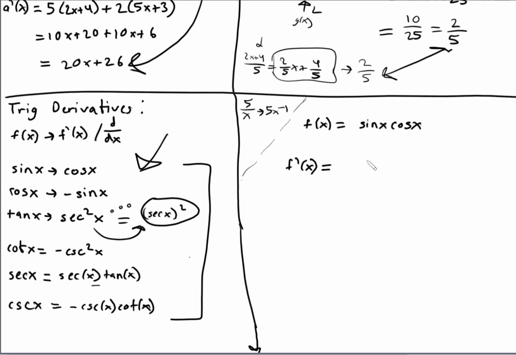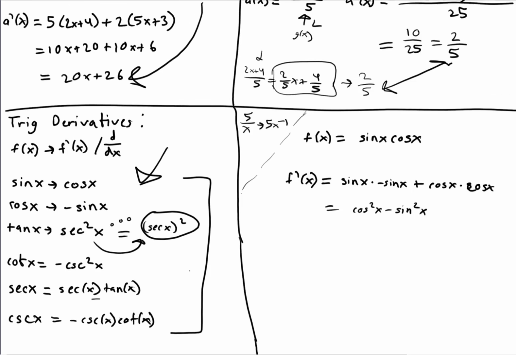So we're going to have to use the product rule. And using the product rule, we get our derivative to be sine x times the derivative of cosine, which is negative sine of x, plus the derivative of sine x, which is cosine x, times cosine x. And simplifying this, we get cosine squared of x minus sine squared of x. So this is just a really quick example.